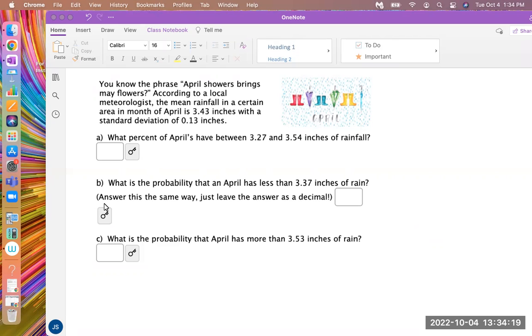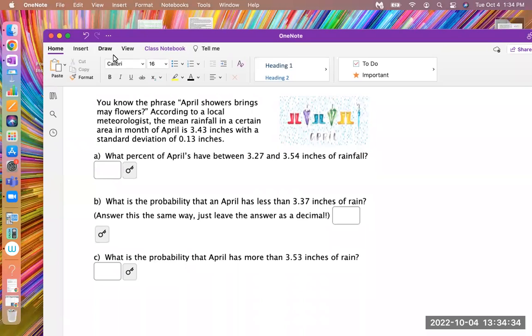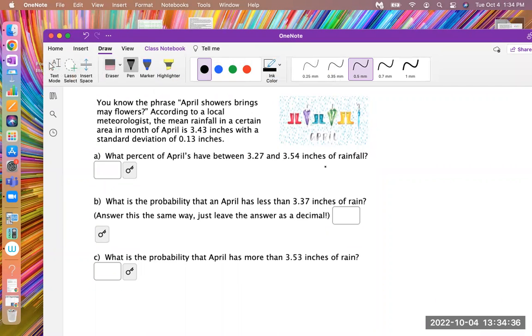Okay, so we can do the distribution. It's always good to draw a picture of the distribution. Now, I'm going to assume this is a normal distribution.